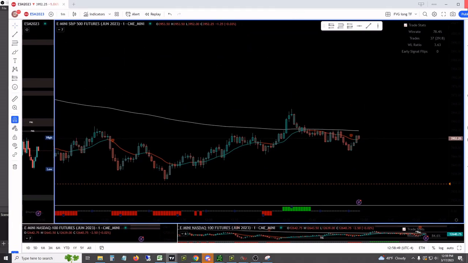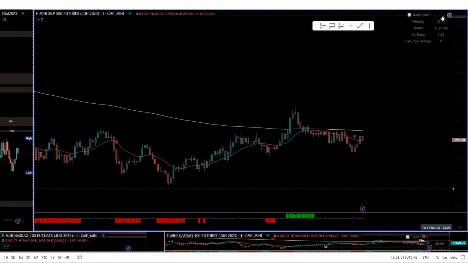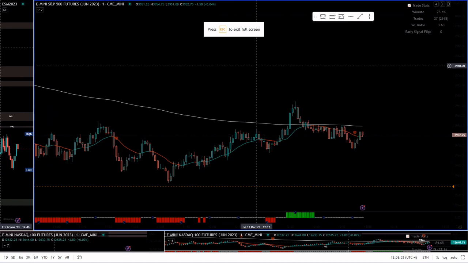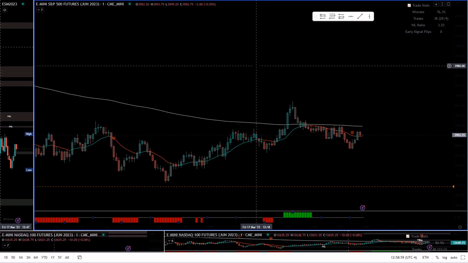In this video I'm going to walk you through what I look for to trade this system. You really only need two monitors. Unfortunately there's no mobile app for the NinjaTrader platform, at least as far as I know. I don't know if it'll work on an iPad, so you need two monitors or two different computers. You could possibly get away with using TradingView on your phone, on your mobile app.